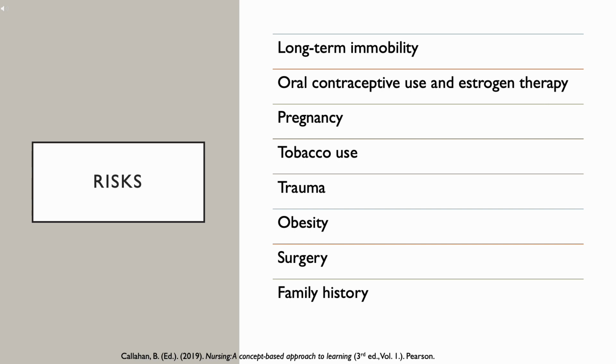Other risks are oral contraceptive use and estrogen therapy, pregnancy, tobacco use, trauma, obesity, surgery, and family history. A lot of the times in the hospital, when a patient has surgery or some sort of trauma-related incident, they are on that prophylaxis anticoagulant, and that's to prevent a blood clot from forming and then a pulmonary embolism developing from it.